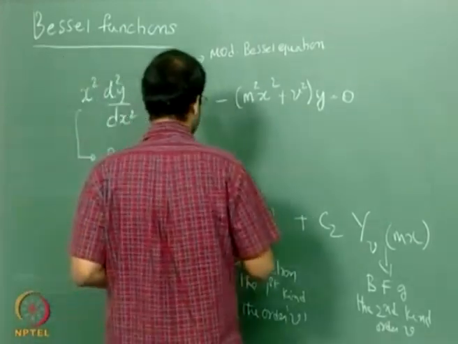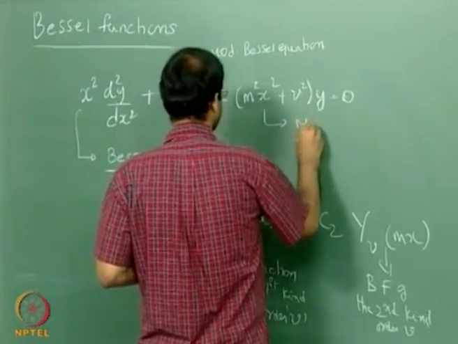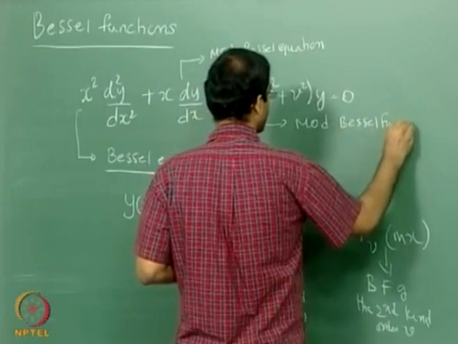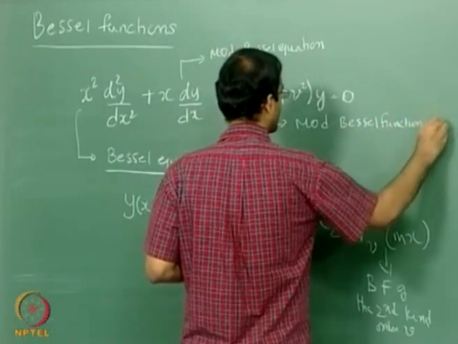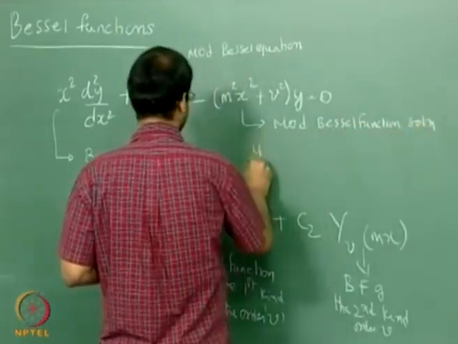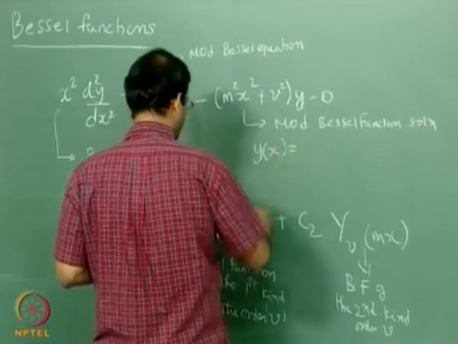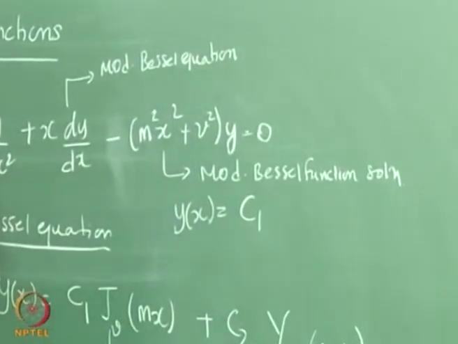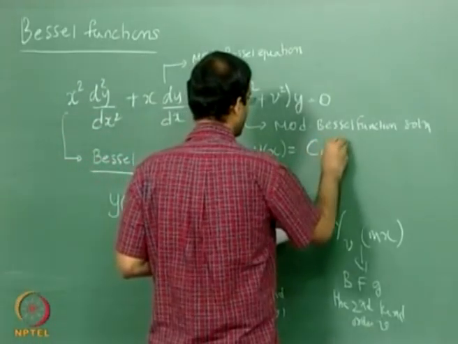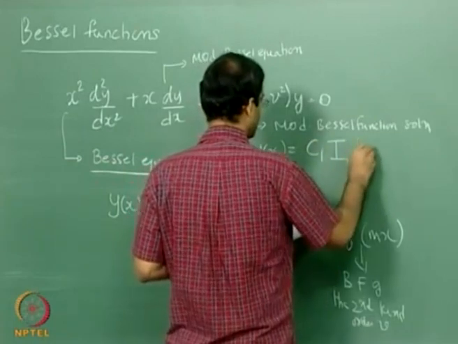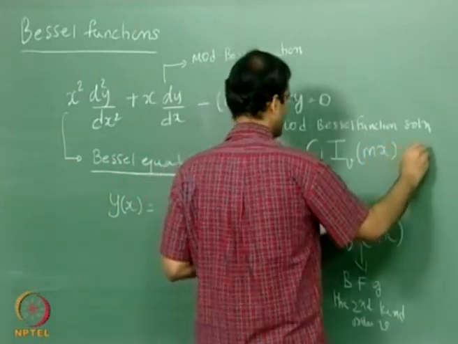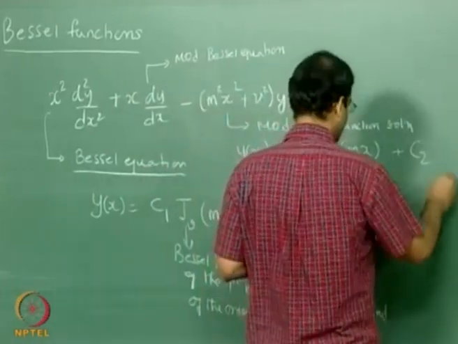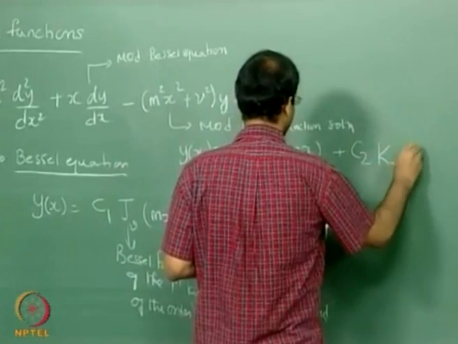So for that you have a modified Bessel function solution, where you represent the solution as c1 times the modified Bessel function of the first kind, denoted by the capital letter I subscript nu of mx, plus c2 times the modified Bessel function of the second kind, represented by the letter K subscript nu of mx.